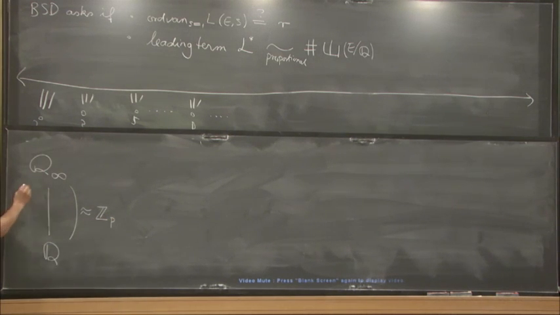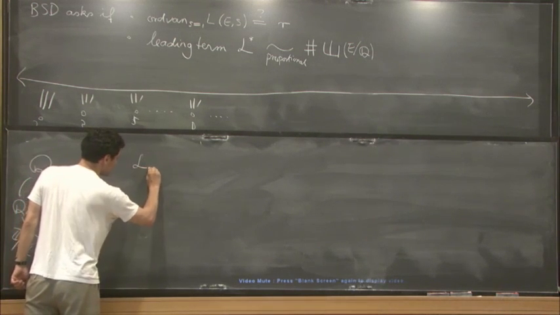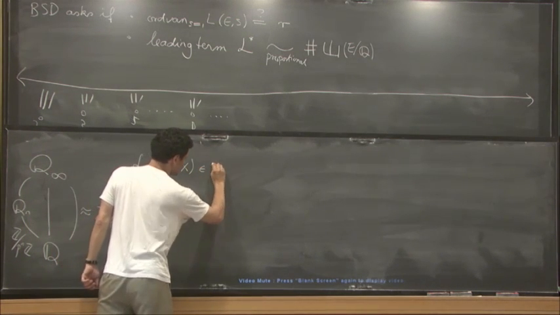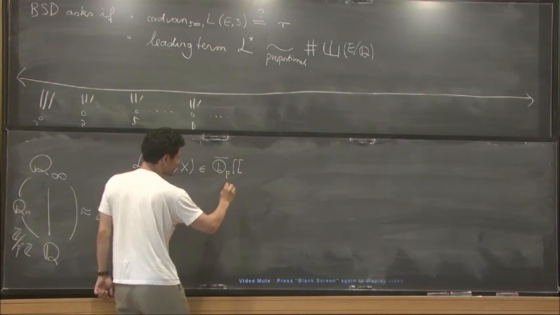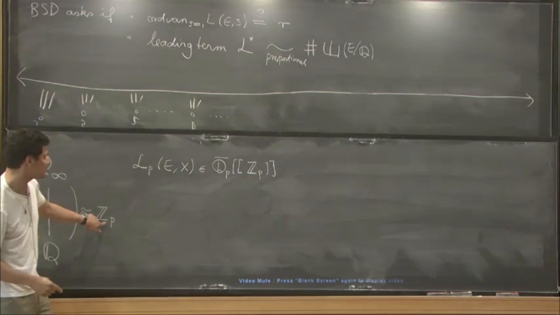This ring can be realized as an inverse limit of Z mod p to the n Z, which are the intermediate fields sitting inside Q infinity. A p-adic L function is usually a function sitting inside a completed group ring like this, with Γ being the Galois group.